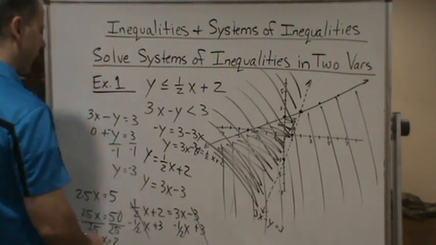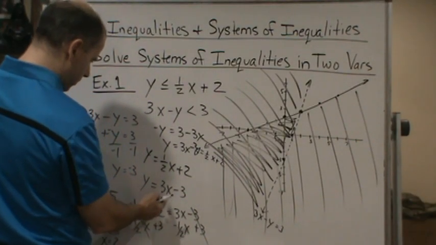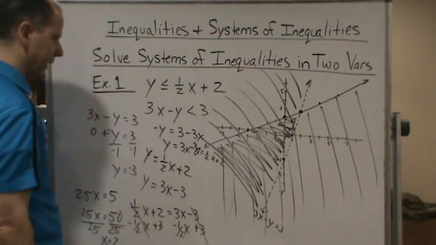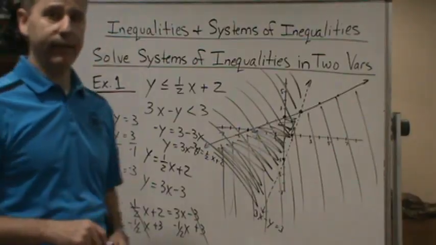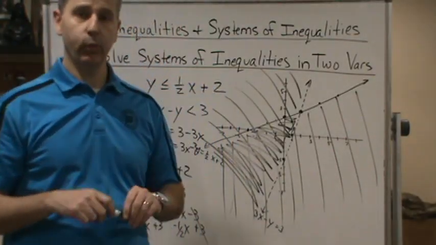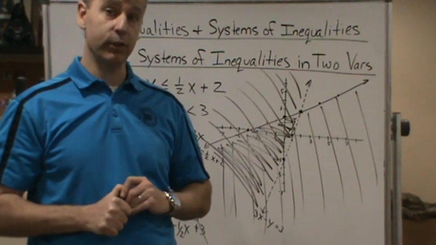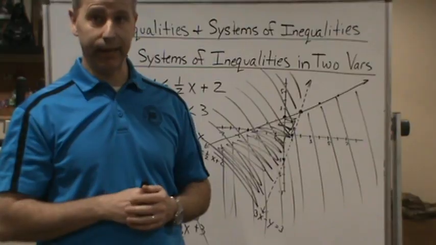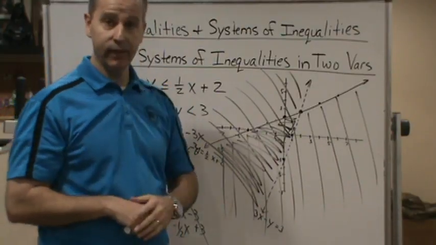Now if I go back and plug in 2 for x, I get 6 minus 3, which is 3. So I get the same point. Keep in mind that when you sketch your graph, it's not always going to be obvious where they intersect, because we're freehanding, so our graphs might not be nice and neat.